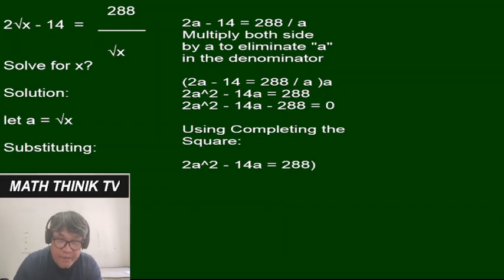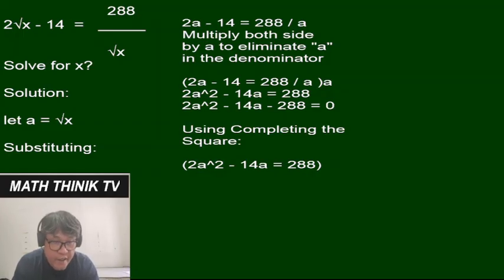No? Divide it by 2. Or multiply both sides by 1/2 to simplify it, to get the lowest term. So the equation becomes 2a squared over 2, so that will be a squared, right, minus 14 over 2, that is 7a, is equal to 288 over 2, that is 144.